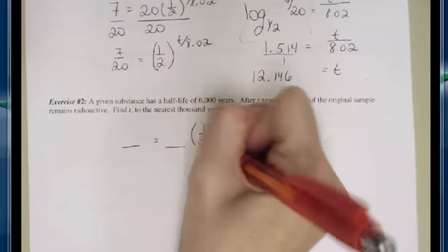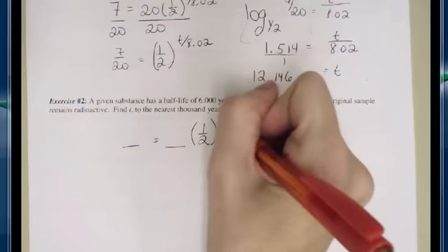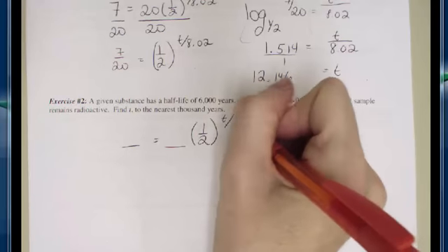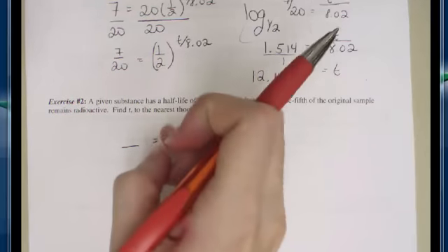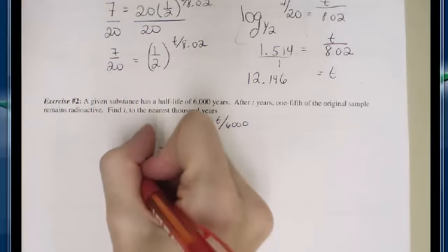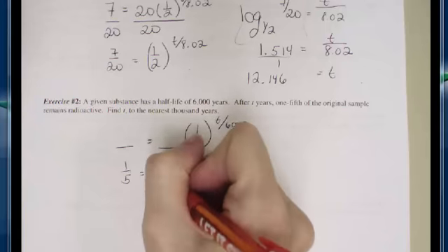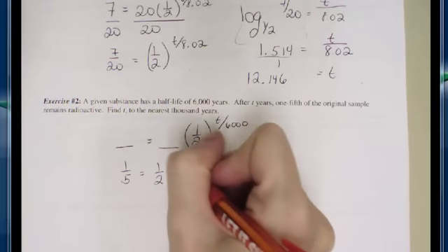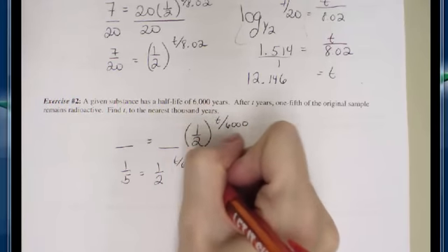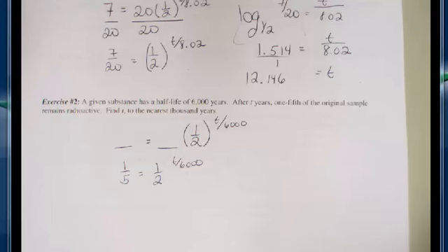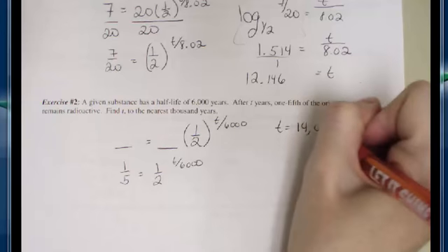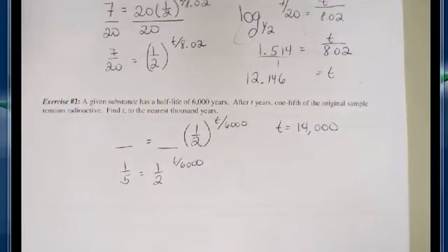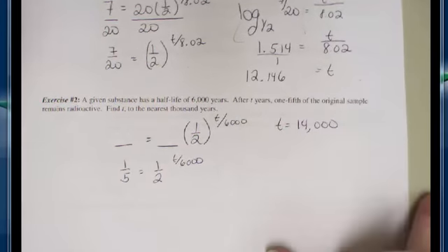And then the formula is 1/2 to the t divided by 6,000 for the half-life. Whatever happened here when I divide, that gives me 1/5. So now we're right there. What I'd like you to do is finish that one. You're going to end up with an answer of 14,000, okay? Try that one.